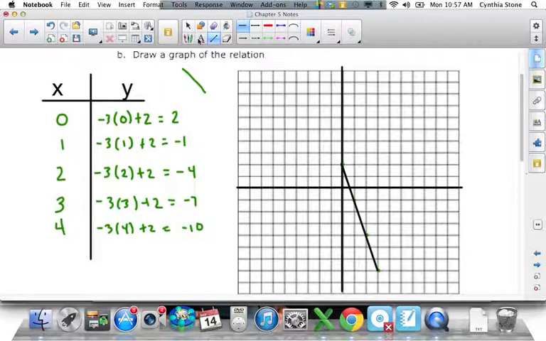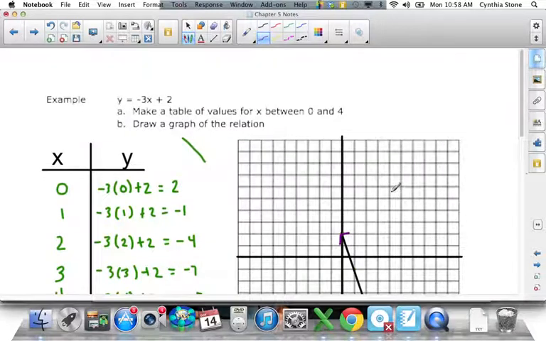And because it could go on forever, I could draw arrows on either end, right? To show that this thing isn't just this set of data. It could be going forever. So I'll just draw an arrow there and draw an arrow there, and that just shows that my line can go off in all those directions, especially down there since I didn't get my last data point in. But that's my relation, okay?